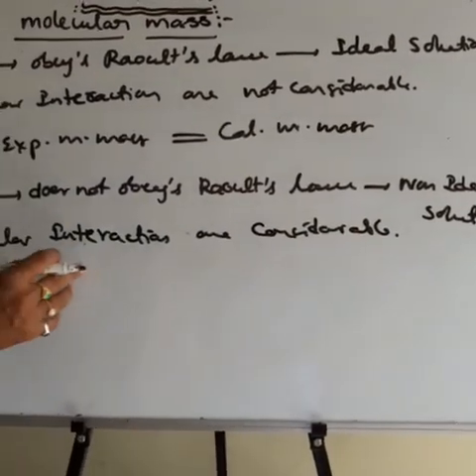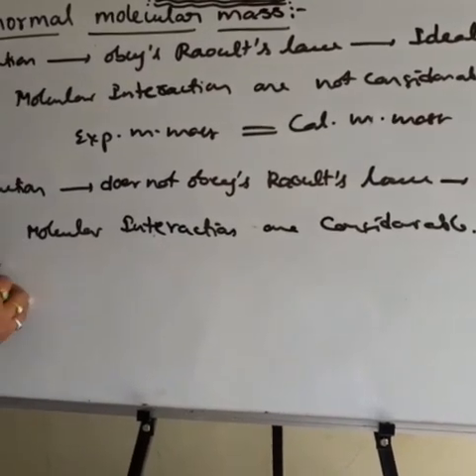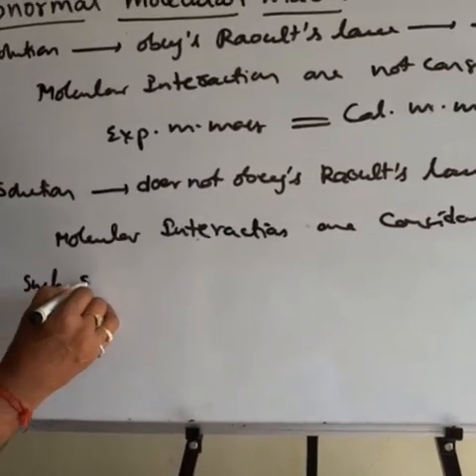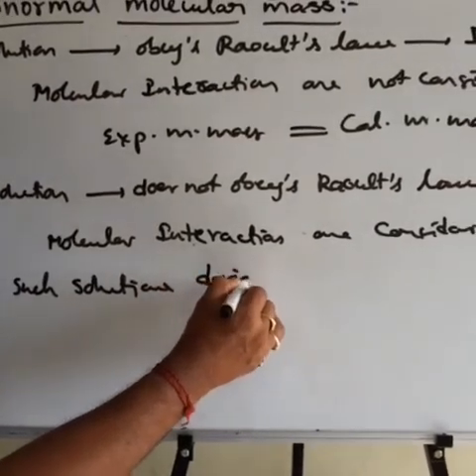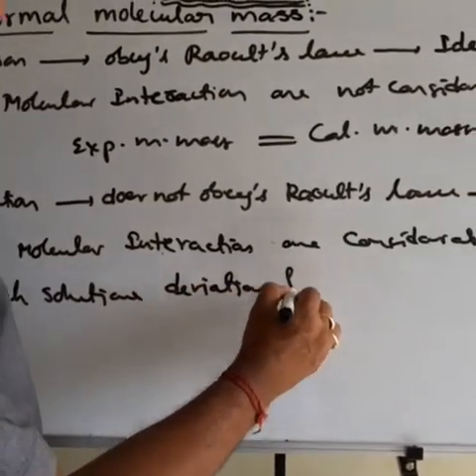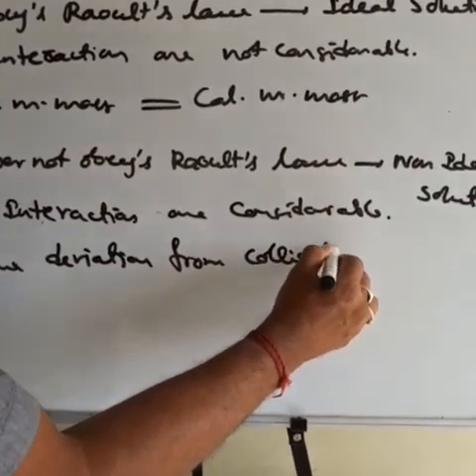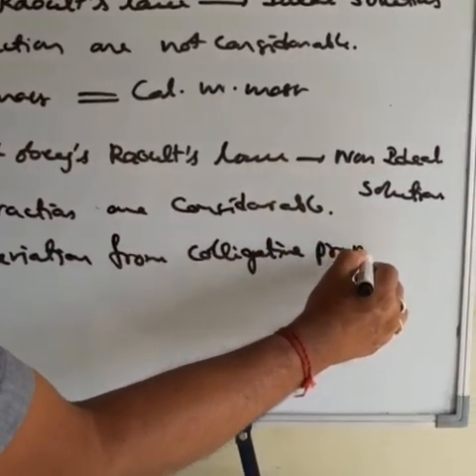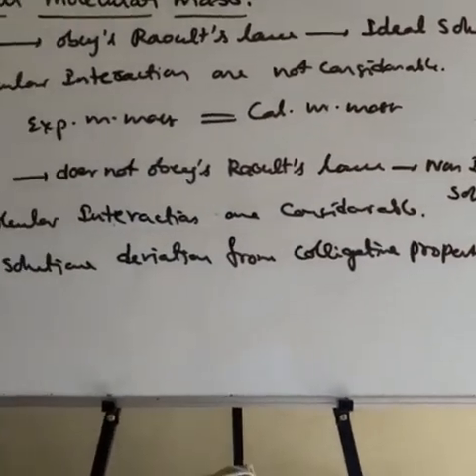Whenever the molecular interaction between solute and solvent particles is considerable, such solutions show deviation from colligative properties.